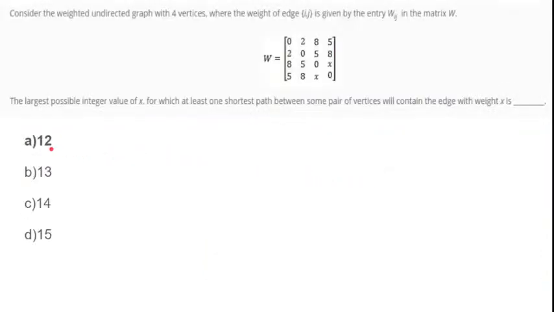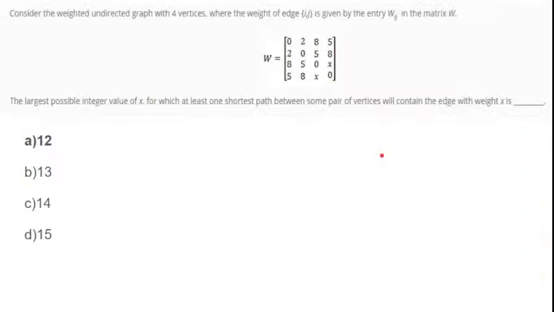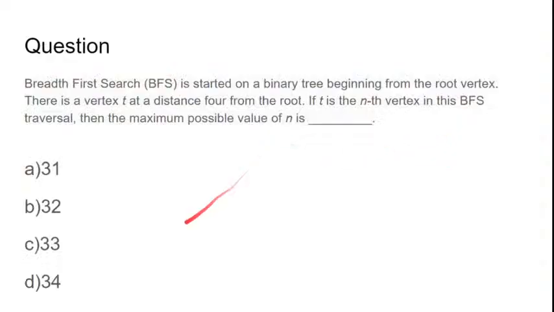The largest possible integer value of x for which at least one shortest path contains the edge with weight x is 12. So the answer is 12, with the same vertices C and D. So we will get 12.